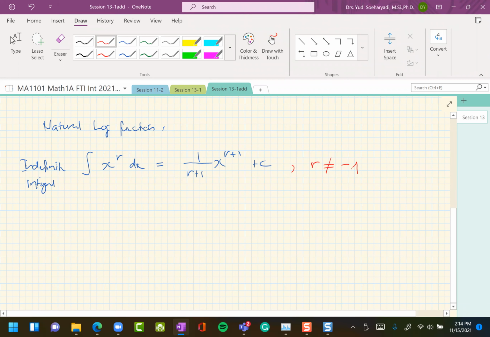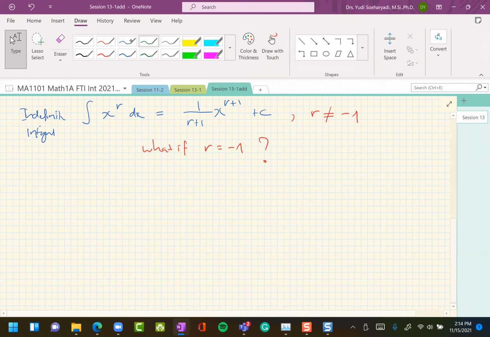So the natural question would be, what happens if r equals negative 1? This is something we haven't discussed up to this point yet. For r equals negative 1, f of x would be 1 over x, right?